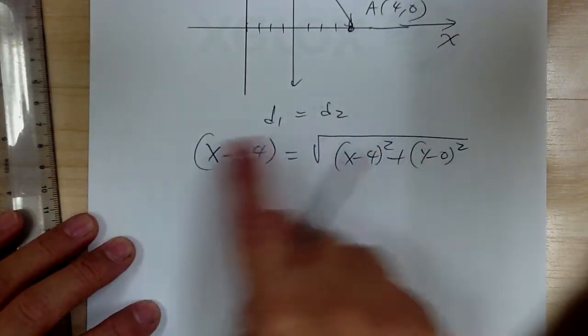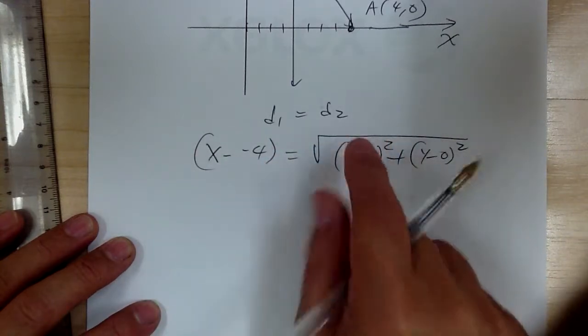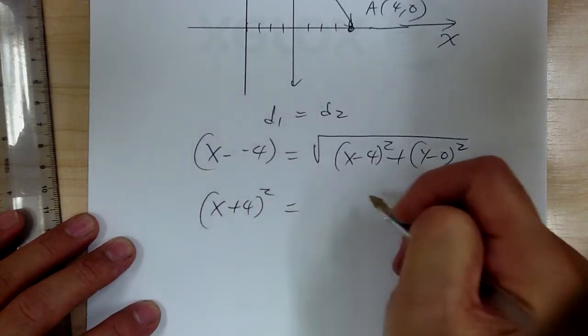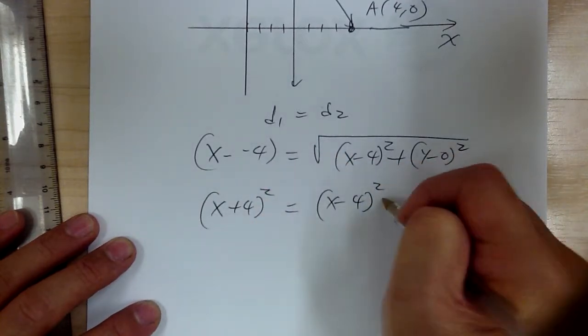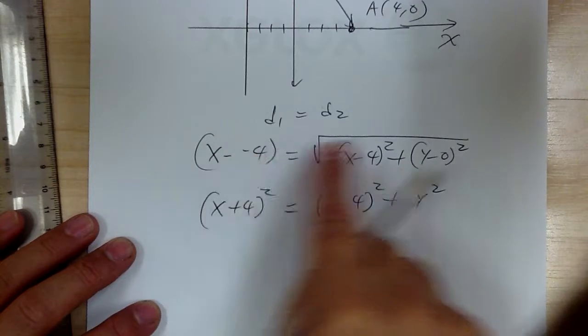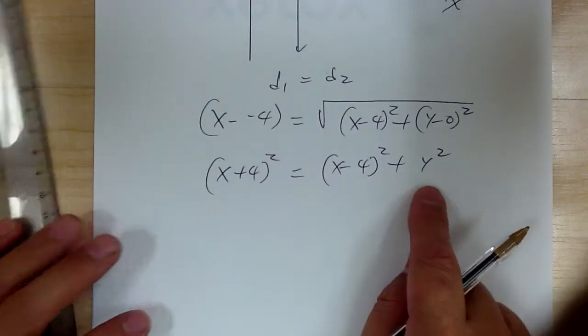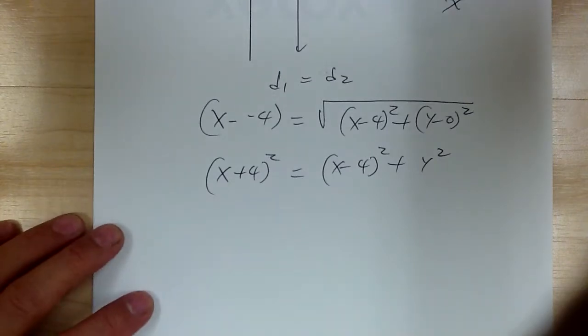Okay, next, I'm going to square both sides to get rid of the square root. So I'm going to have (x + 4)² = (x − 4)² + y². I square both sides, so this becomes squared. Then after that, multiply out to get rid of the parentheses.